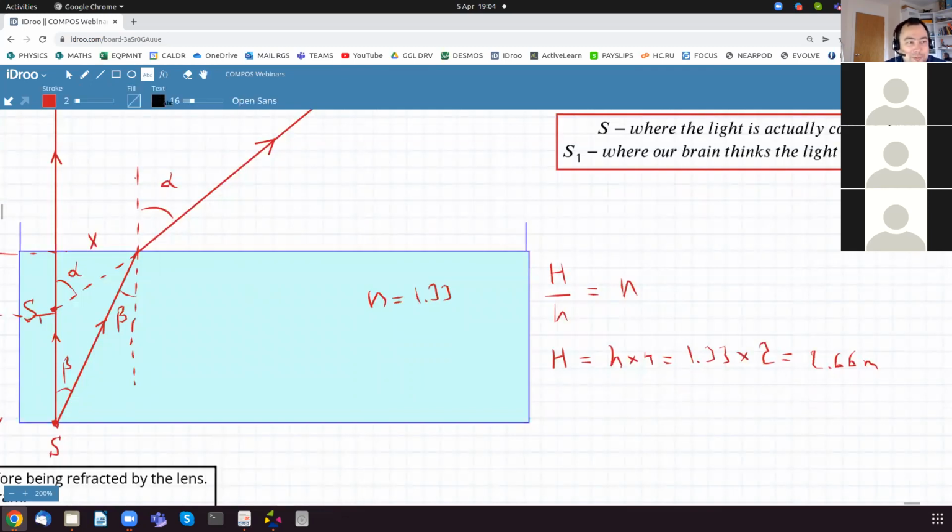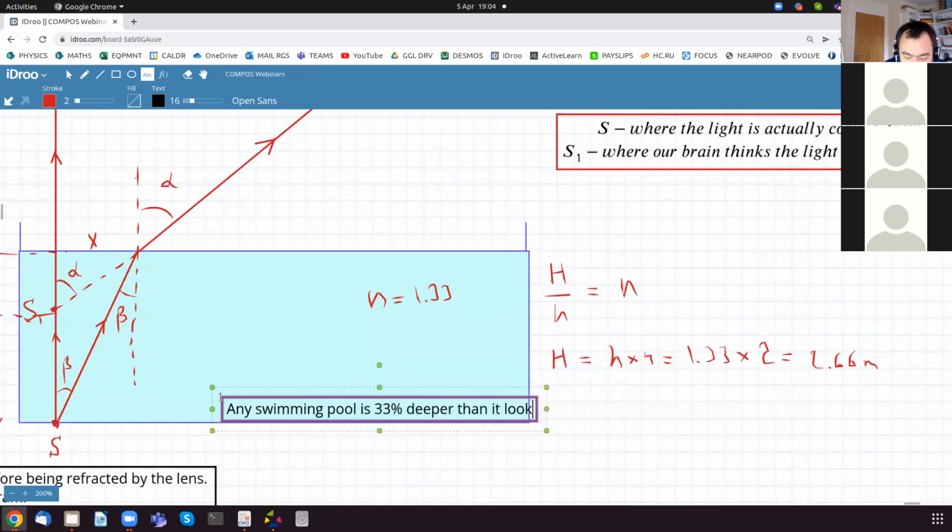So any swimming pool is 33% deeper than it looks, for small angles.